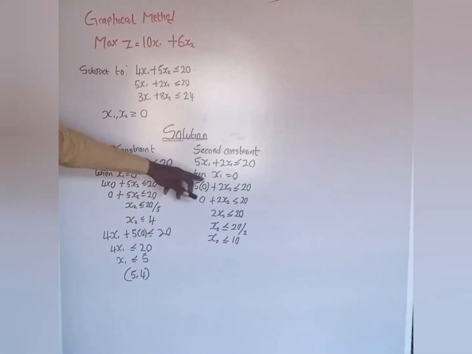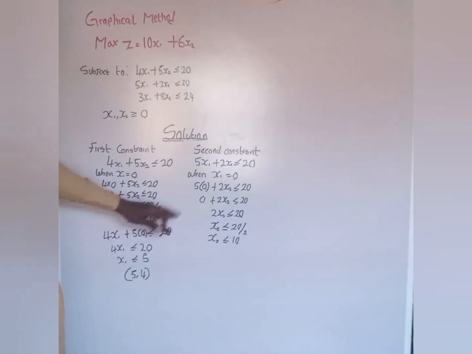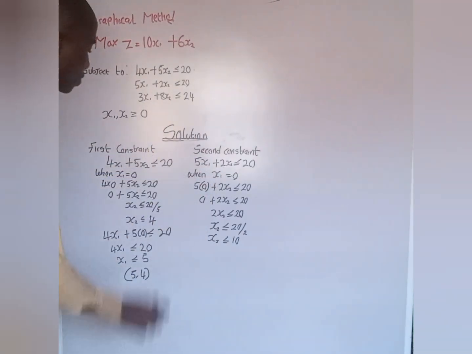So when x1 is 0 in the second constraint, x2 is 10. So now let's set the value of x2 equal to 0 to get the value of our x1. So that's what I'm going to be doing now.